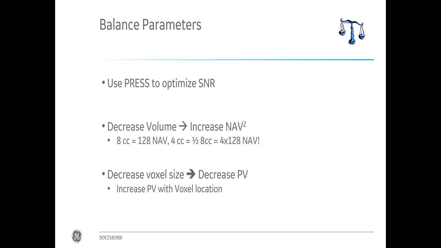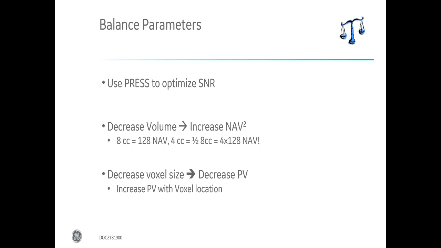If you really go to half of the volume, you need to increase your acquisition by 4 times, therefore making a 20-minute scan out of a 5-minute scan, which is unrealistic to be part of a clinical exam.